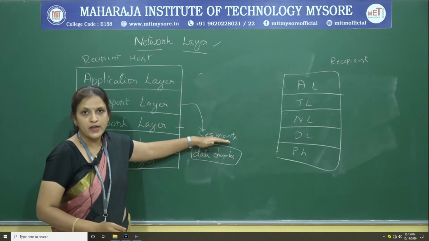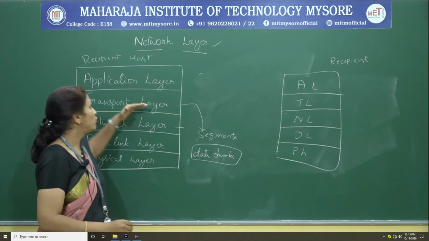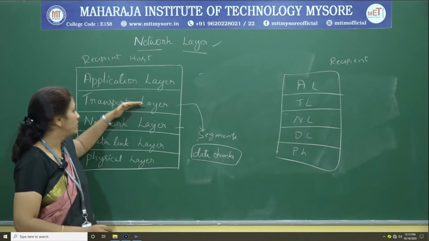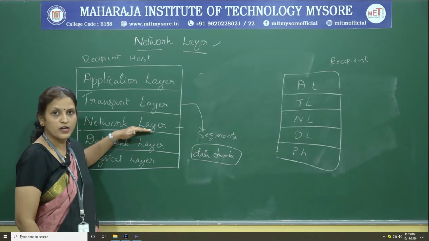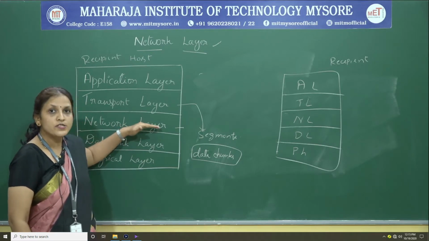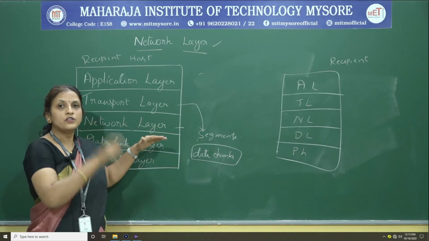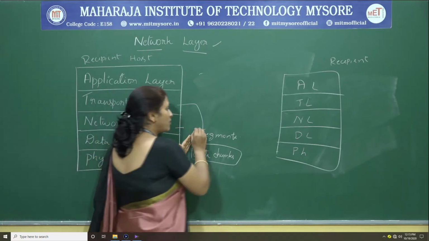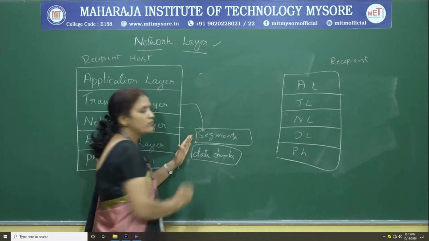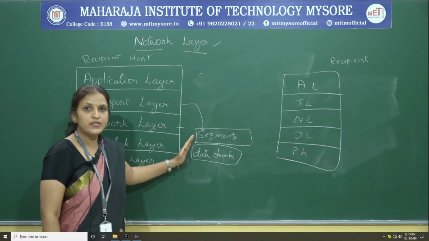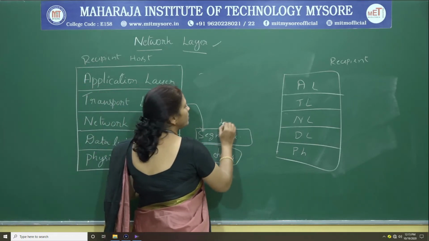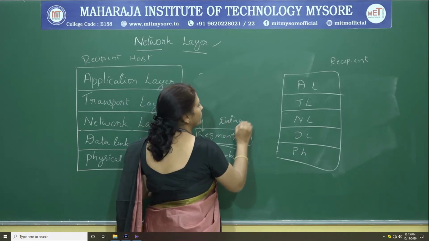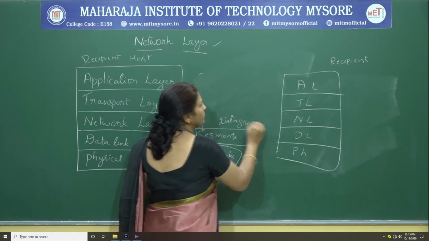Once it creates a segment, it pushes that to the layer beneath it, that is network layer. Network layer once again encapsulates further information to these segments, and we call the resultant packet datagrams, okay.